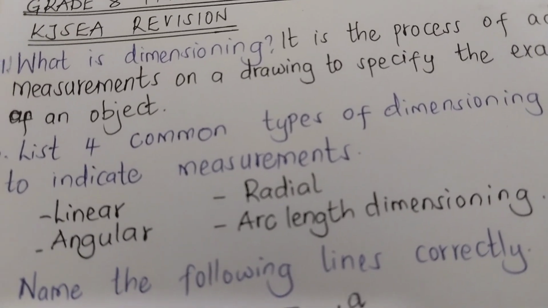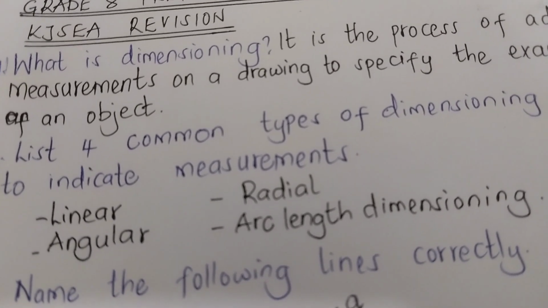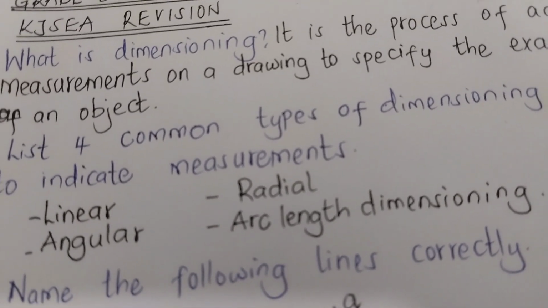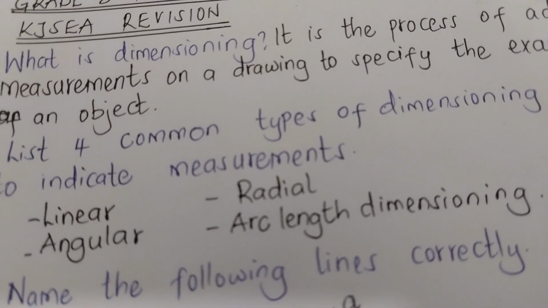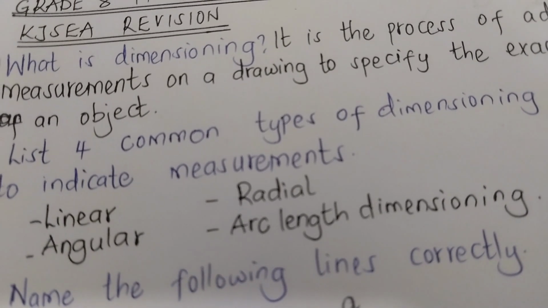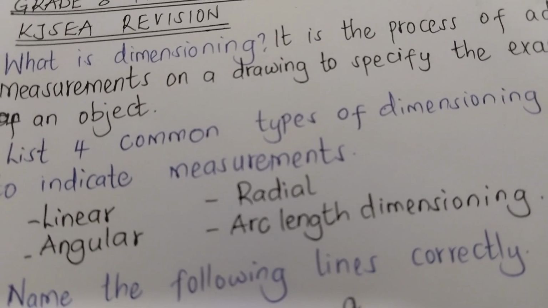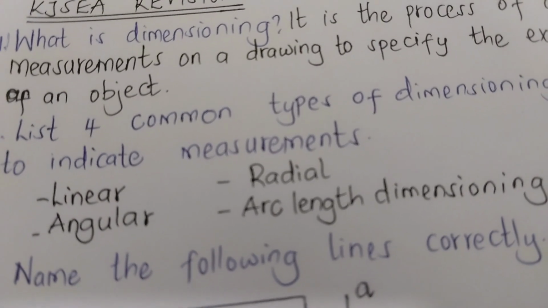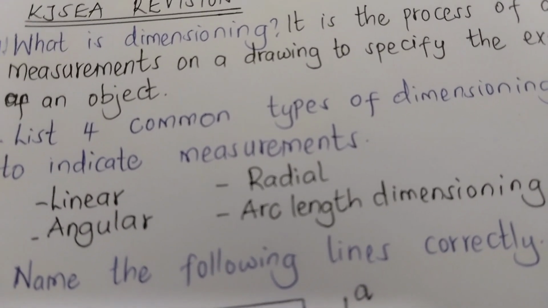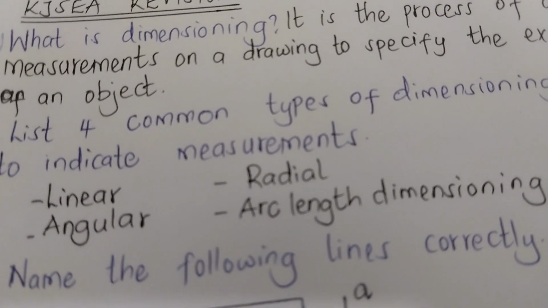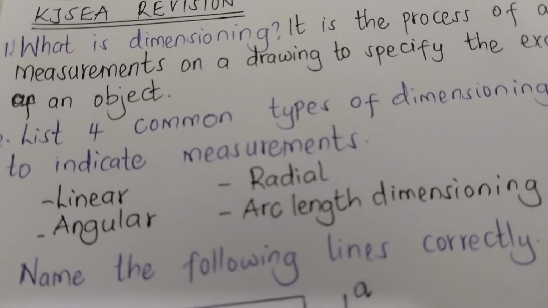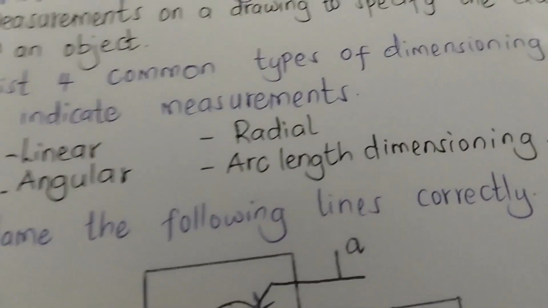So linear dimensioning indicates specific lengths, widths, heights, and distances between features of a straight line. So basically, we can say linear, from the word line, is a type that measures the straight line distances between 2 points of an object.